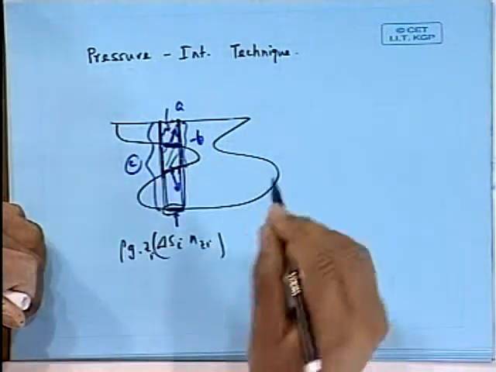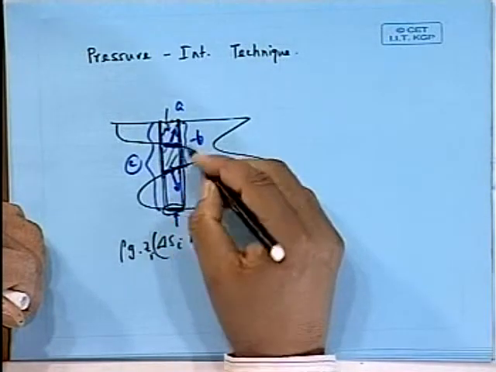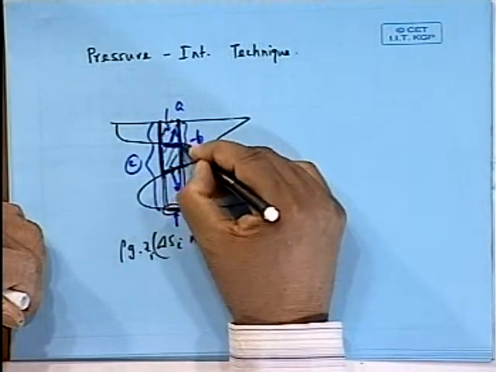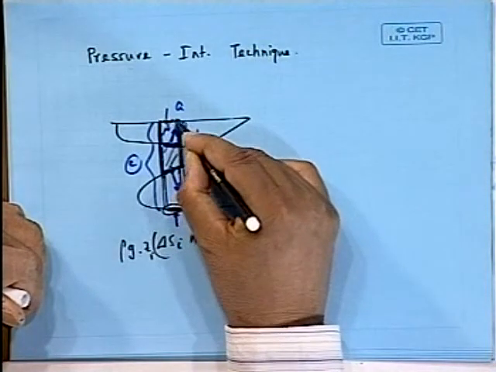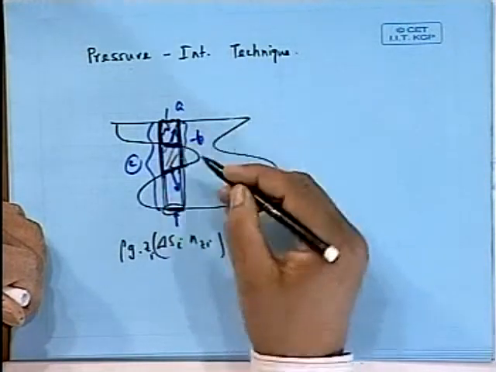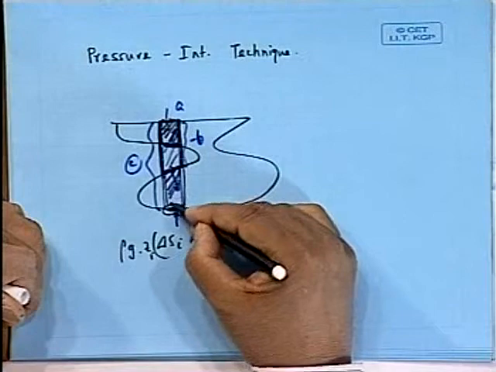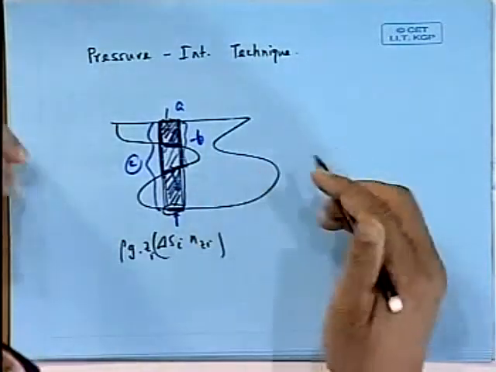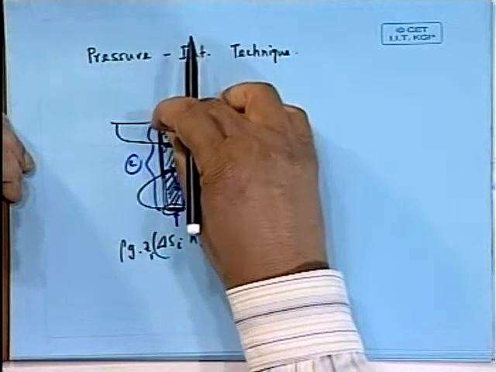That is C. When I came here, the normal is in the other direction, so I will get minus B, this much. And if I come here, I will get plus A. If you add them together, C plus A minus B, you will see you are actually left with this and this.